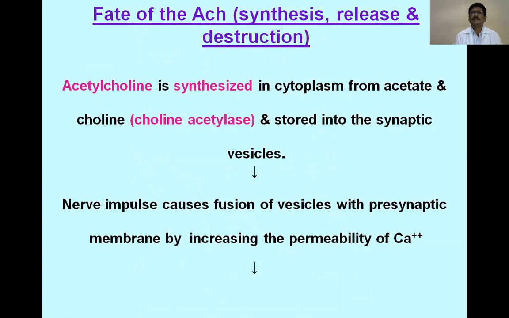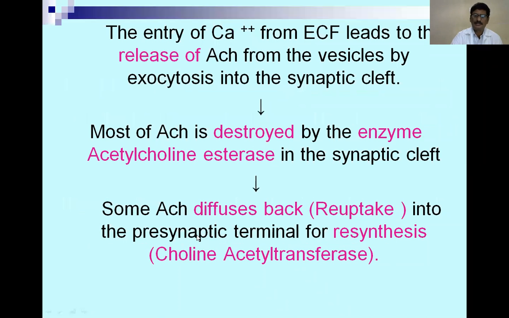Now, what happens to the released acetylcholine? Acetylcholine is synthesized in the cytoplasm from acetate and choline with the help of an enzyme called choline acetylase, and is stored in the synaptic vesicles. Whenever the nerve impulse reaches the presynaptic terminal, it causes increased permeability to calcium, and the entry of calcium causes release by exocytosis.